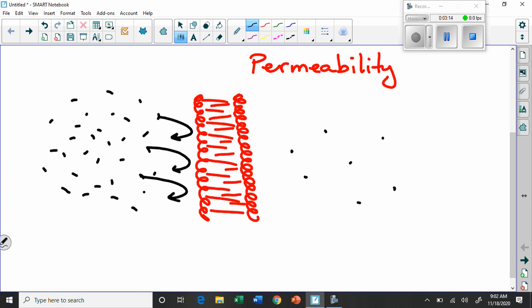Now, there's two ways, though, that you can get concentration to lower. Obviously, if we move the solutes, the black dots, the molecules, to the other side, the concentration over here will get lower. But what if we take water from the other side and let it come over here to kind of water it down?